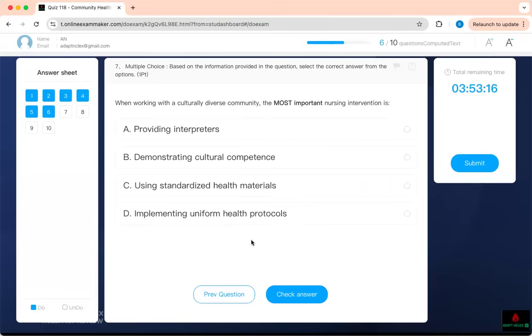Implementing uniform health protocols is important. But here is a test-taking strategy: whenever you're taking the test and you see a word cue in the question, most of the time the right answer may have the same word in it in a different form. A culturally diverse community means you demonstrate cultural competency.